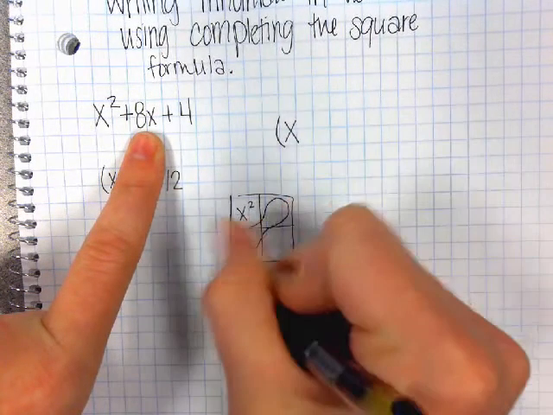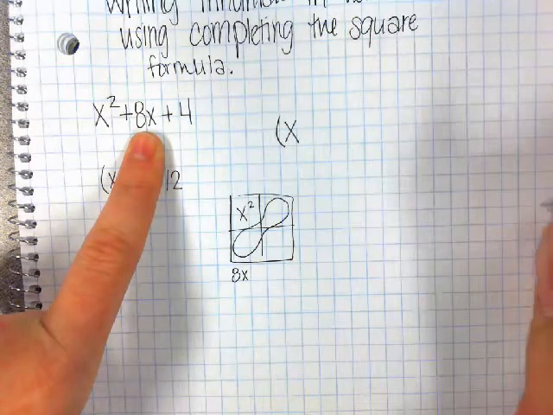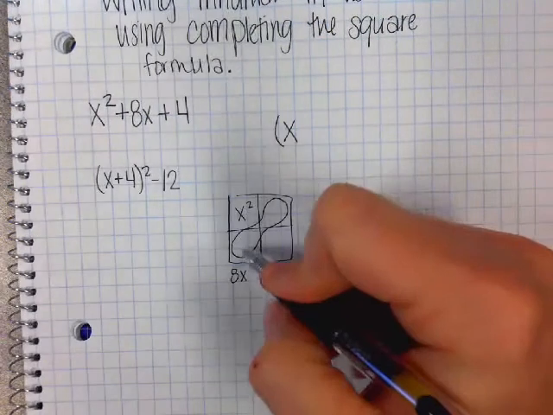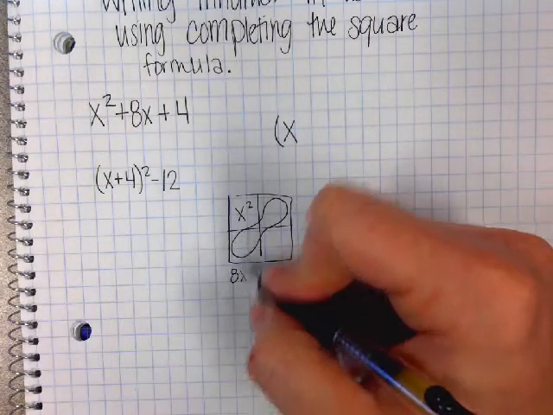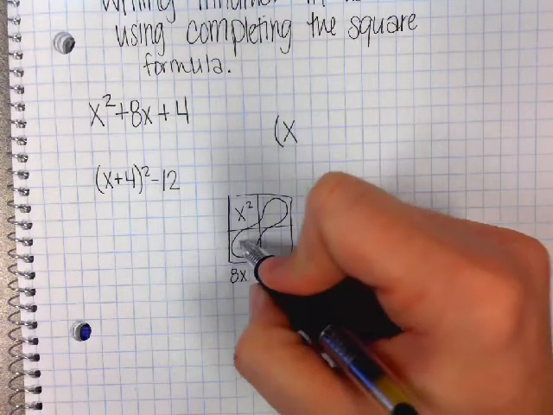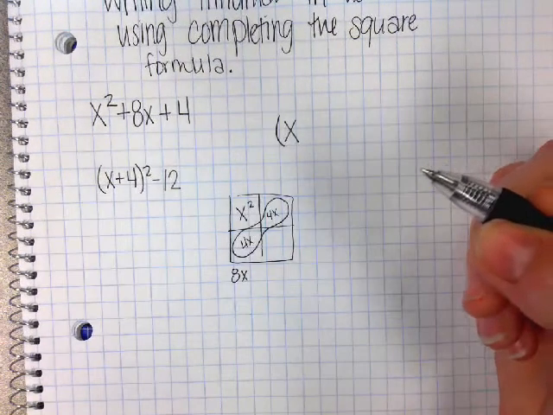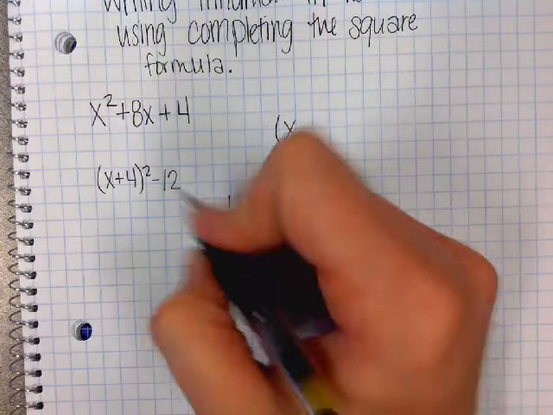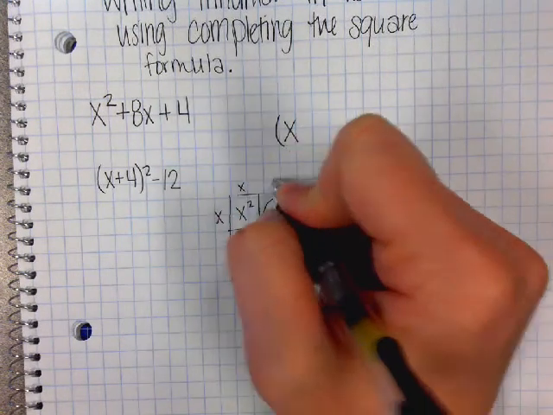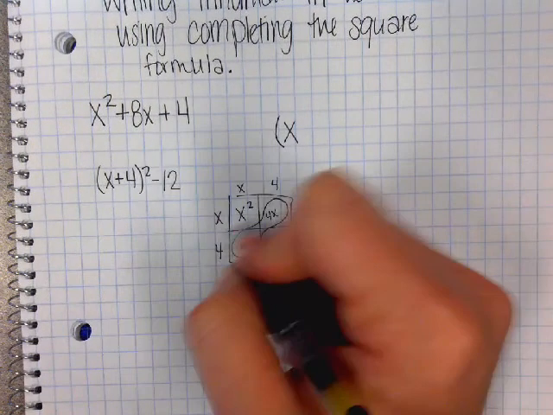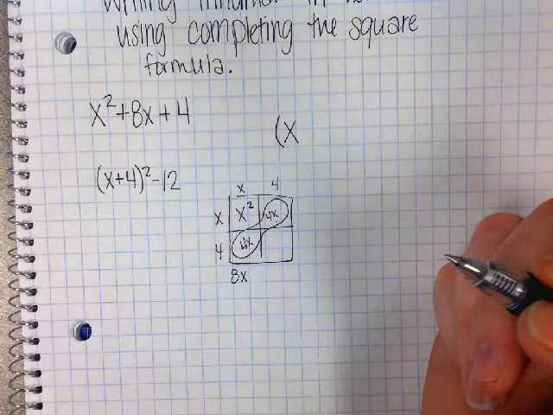Then I have 8x came from those two. Now, if it's completing the square, I need to cut this in half. So 8 divided by 2 is 4, so it'd be 4x and 4x. Does everybody agree with that? So it'd be x times x, 4 times x makes 4x, and 4 times x makes 4x.